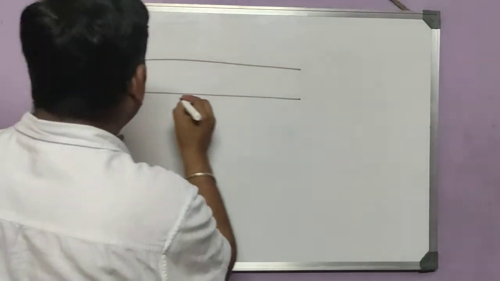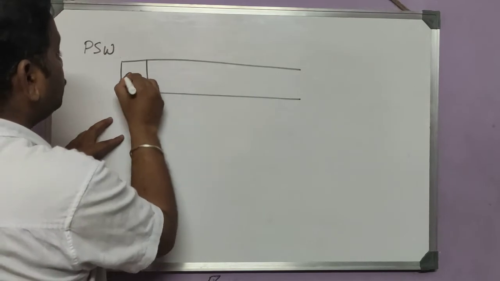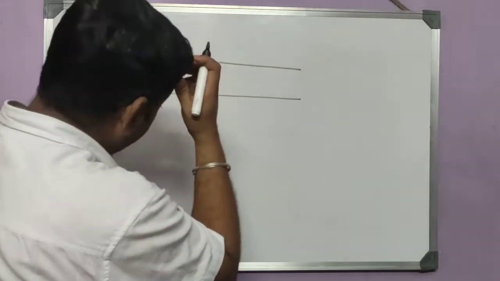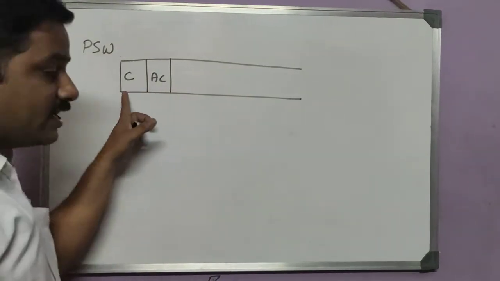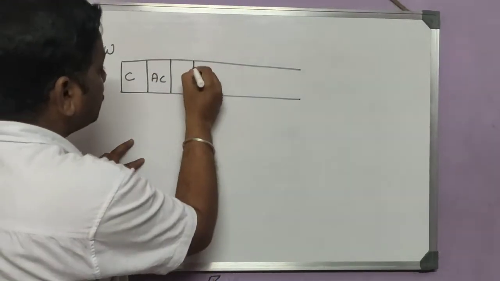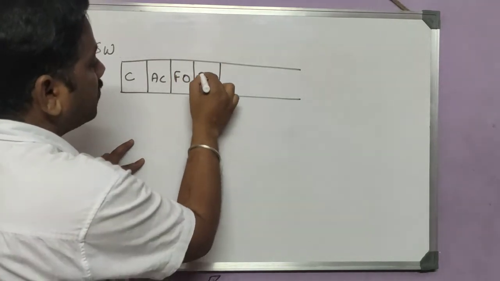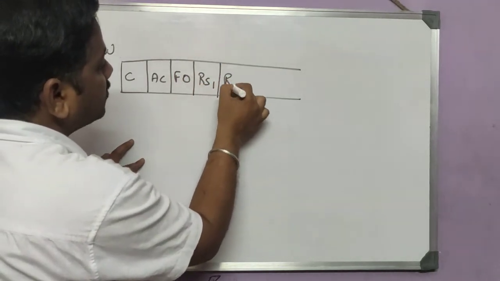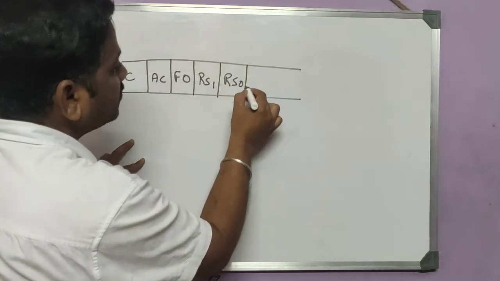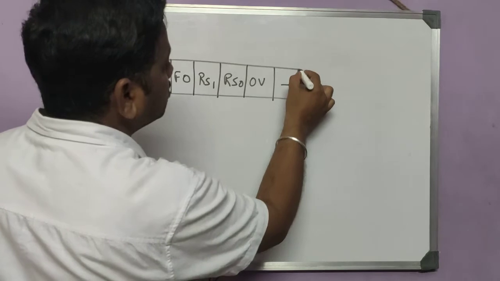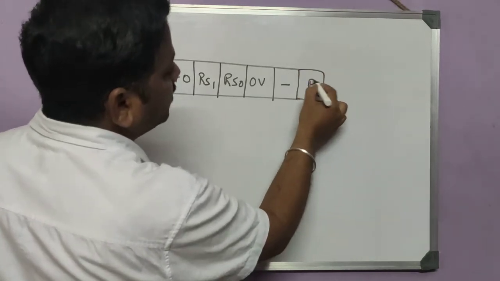You need to be very careful about this, because we are going to use it most regularly in programming. First there will be the carry flag, then we get the auxiliary carry flag, then F0, after that RS1, then RS0, then we will have the overflow flag, after that one empty flag, then we have the parity flag.